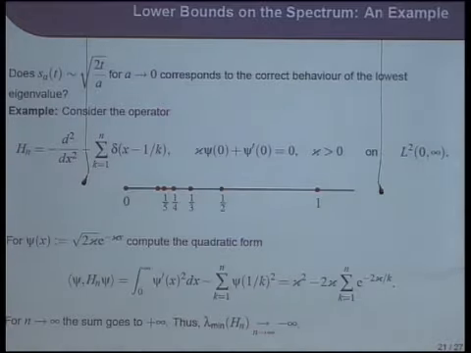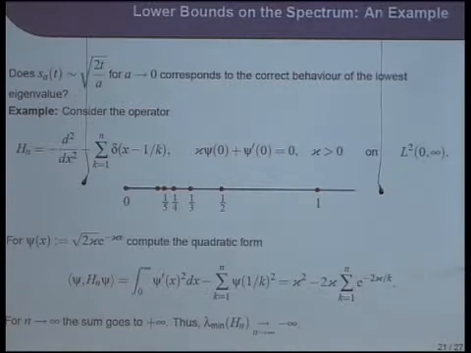In any case, we can interpret this construction as a graph. At any point 1 over k, that is 1, 1/2, 1/3, 1/4, 1/5, and so on, we put a delta interaction, a negative delta interaction. And we consider actually a finite number of these.